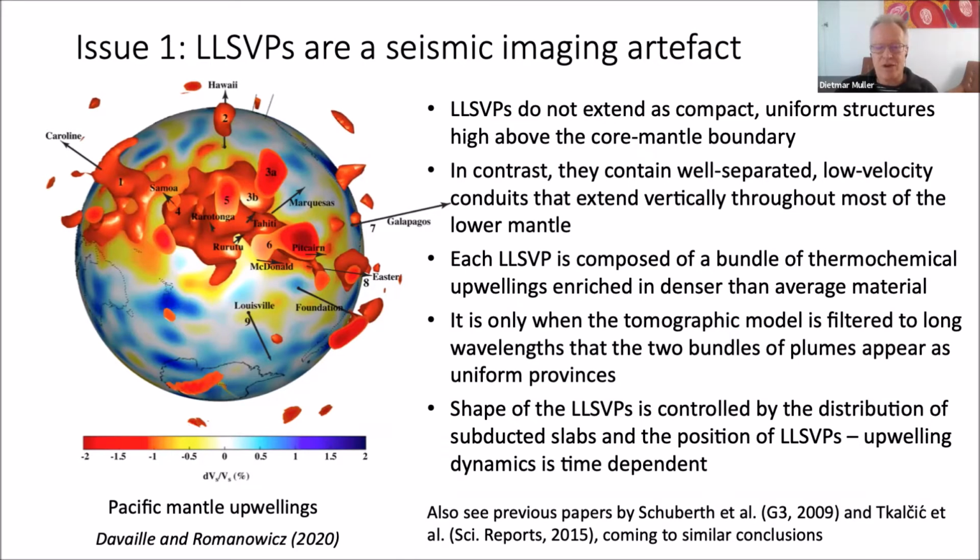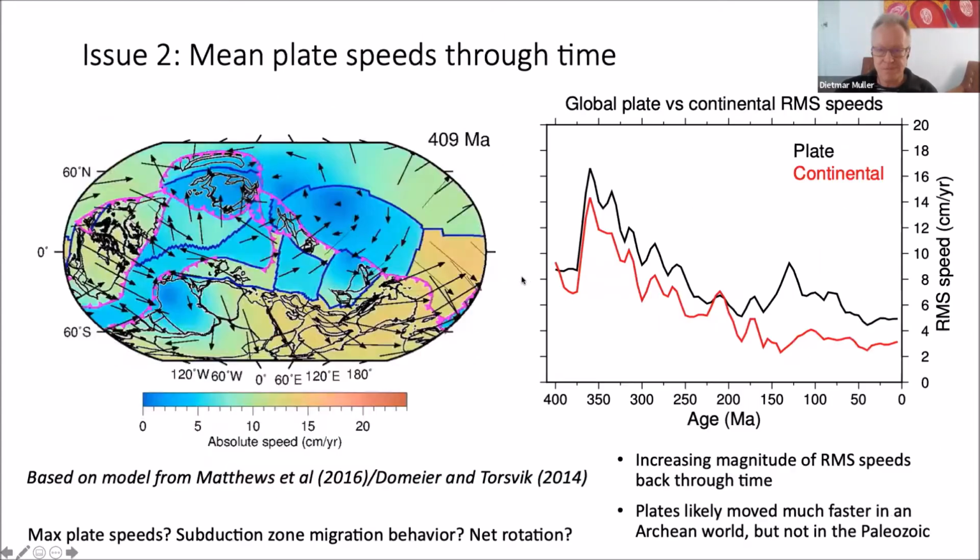The conclusion of the three papers that I've mentioned here, as well as of many others, is that LLSVPs as compact uniform structures do not exist and are obviously not stationary, and their present-day edges cannot be used as reference frame for the longitudinal position of plates.